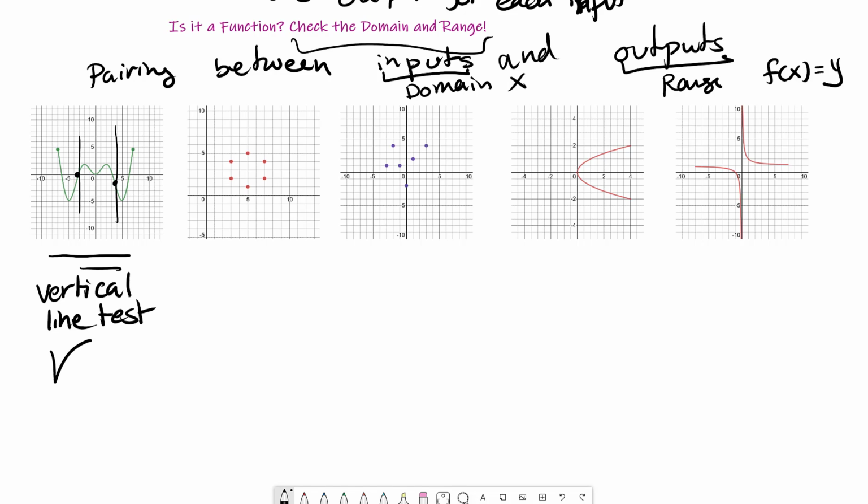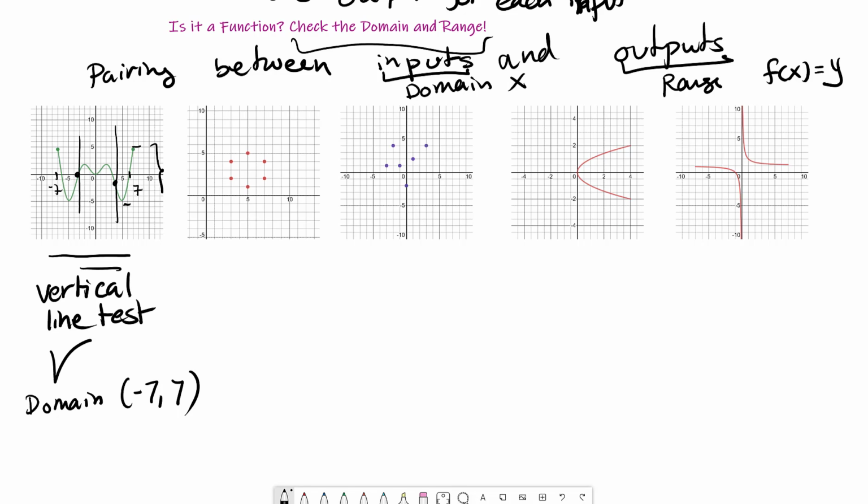What is our domain? Well, the domain here on the x line is from, it looks like, -7 here to +7 here. So the domain we have is -7 to 7. And our range here looks like it's from about 5 to -5.